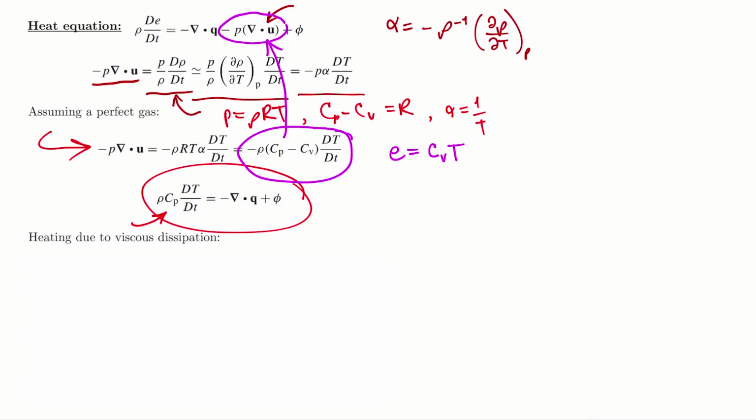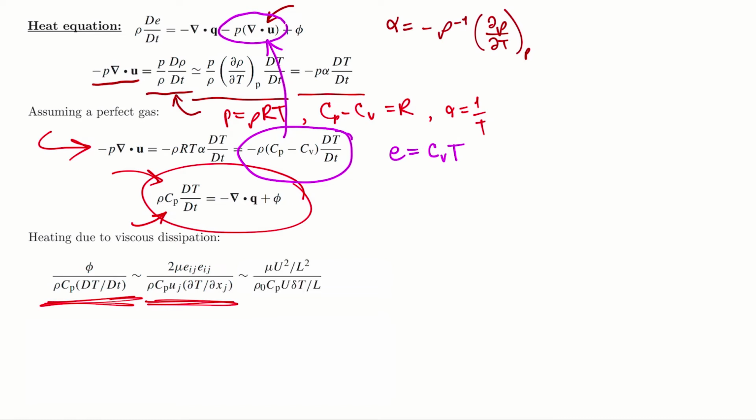Now we're going to take a look at viscous dissipation under the Boussinesq approximation. So we compare the magnitude of our viscous heating to the left-hand side of this equation here. We'll do that on this line down here. We'll make substitutions for it again and do our scaling analysis. So we look at the magnitude again. We make our substitutions here, which we've seen done previously on previous slides, and we sub in for our scaling arguments, our velocity scale and our length scale.